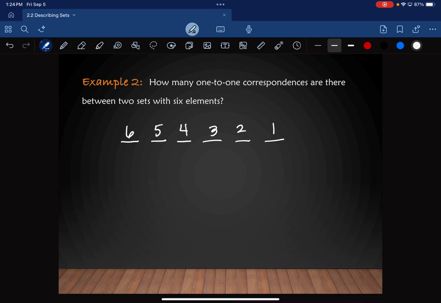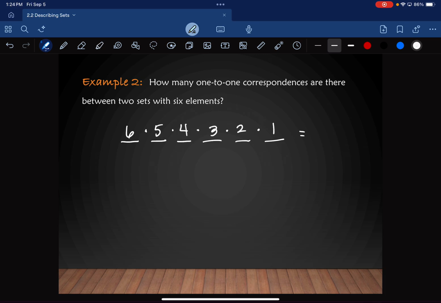Okay, so the way that we figure out our number of correspondences, and I'll draw a picture, and you'll see very quickly why I don't want to draw a picture of the whole thing, is that we actually multiply these values together. There's 6 ways the first person can do something, 5 ways the second, 4, 3, 2, and 1. So if you will multiply these out, 6 times 5 times 4 times 3 times 2 times 1. Grab a calculator if you need to. Probably you do.